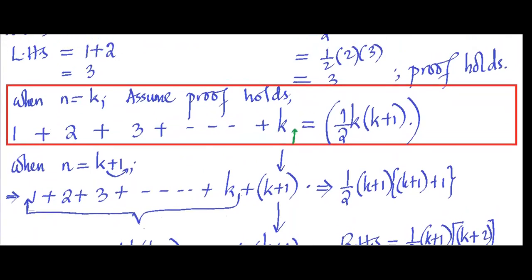Originally our sequence was ending at k, isn't it? At the assumption stage, it ended at k, not so? Now we want to extend. We have just extended beyond the k by one step. So the term beyond the k becomes k plus 1.